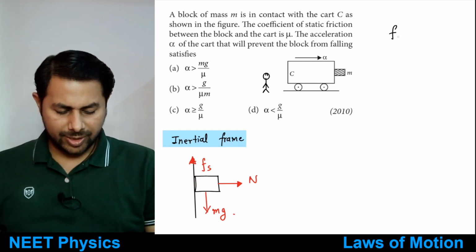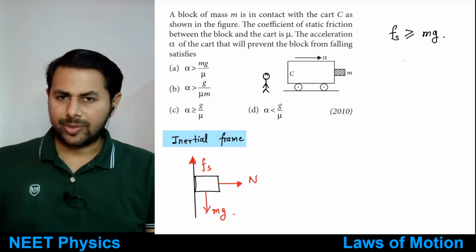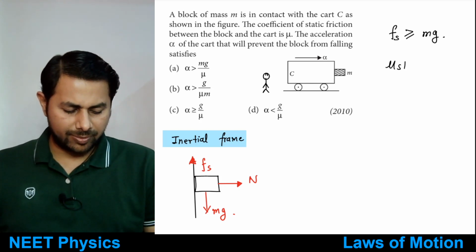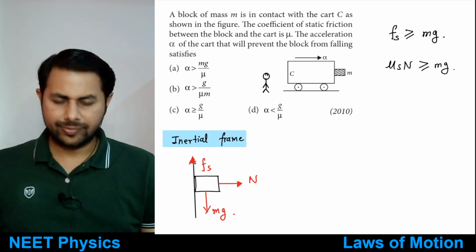So friction must be greater than or equal to mg. And you know what the friction is: friction is equal to mu s multiplied by the normal reaction. This is greater than or equal to its weight.